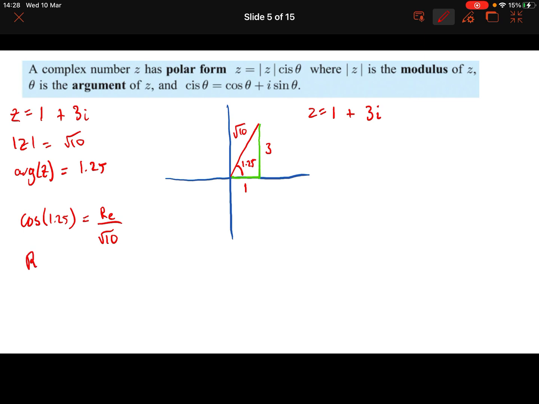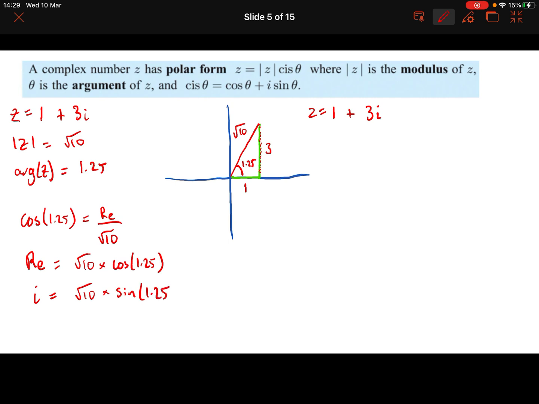So the distance you go in the real path is root 10 times cosine of 1.25. Now, how far do we go in the imaginary direction? Would it be the same thing? It's basically this distance here. It would be the sine of 1.25.